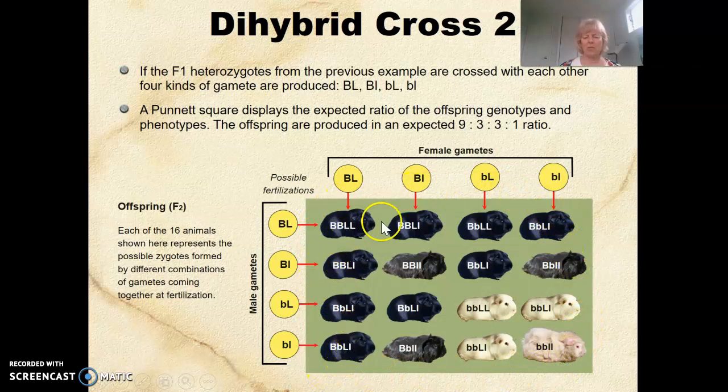So 4, 5, 6, 7, 8, 9. These are your nines. 3, 3, 1. If you set it up in a different way, you still get the same ratio, but it makes it a little bit more confusing and harder to count the Punnett square. So you make life easier for yourself if you follow this rule of setting up your dihybrid cross. And that's it for today.